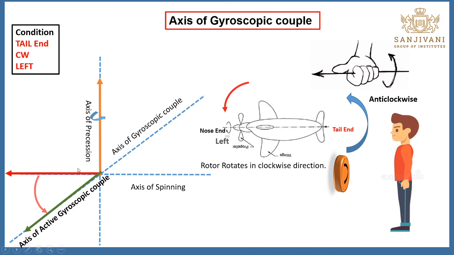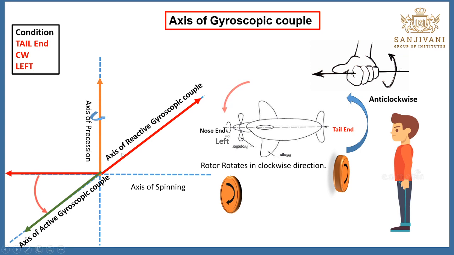When we rotate this axis of spinning, we get the axis of the active gyroscopic couple, and just opposite of it, you need to take the axis of the reactive gyroscopic couple.